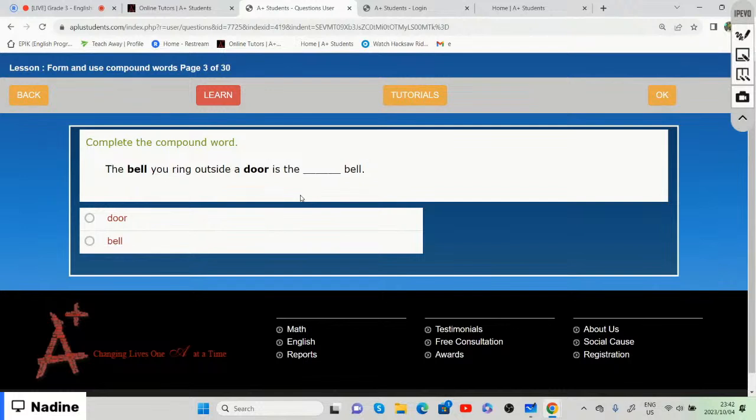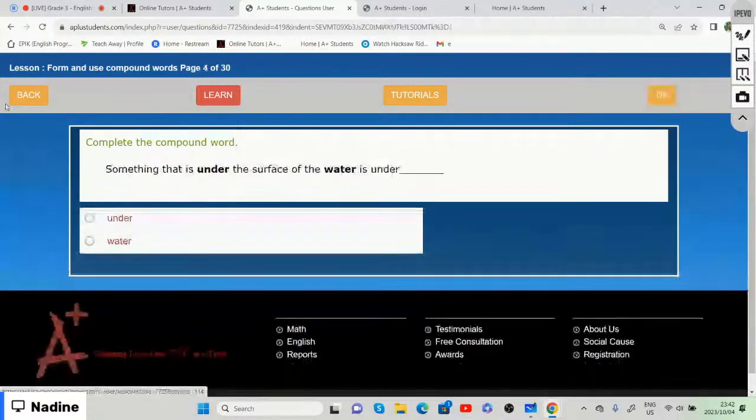So instead of me having to knock on your door, I can just ring the doorbell. Yes, the doorbell. So well done. So we can just ring the doorbell. So well done, well done.